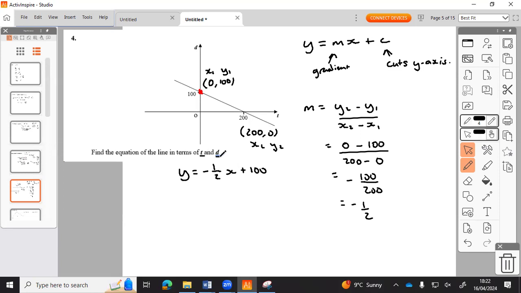Now T is the label that's been given to the x-axis, so instead of x, I'm going to write T, and D is the label that's been given to the y-axis. If you write negative 0.5, that's worth 1 mark.